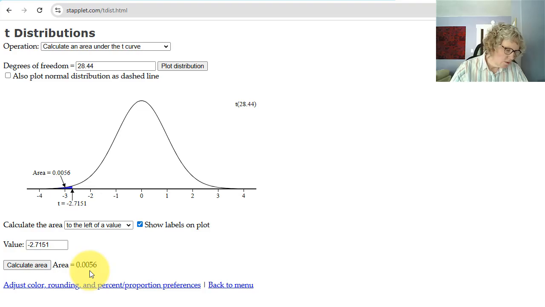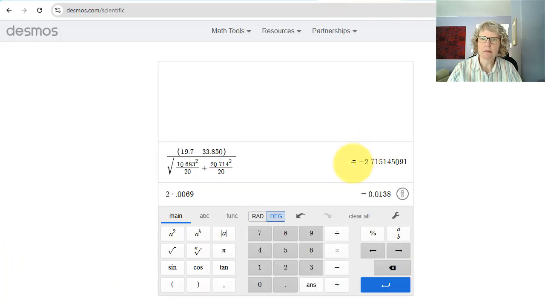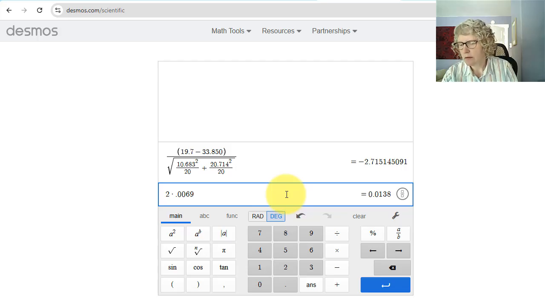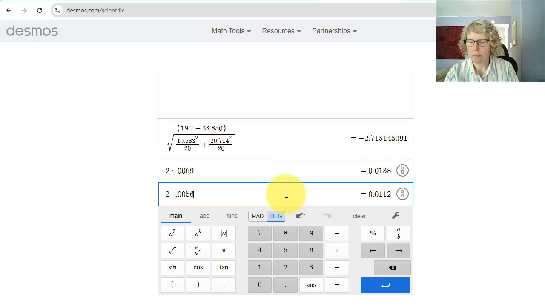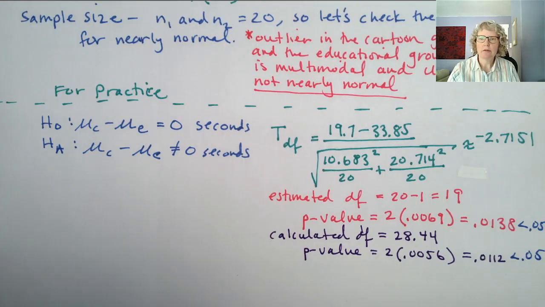Okay, so let me write my p-value. Is 2 times 0.0056. So I wrote that down, 2 times 0.0056. Let's figure out what that is. Sorry, 0.0112, which is also less than 0.05.